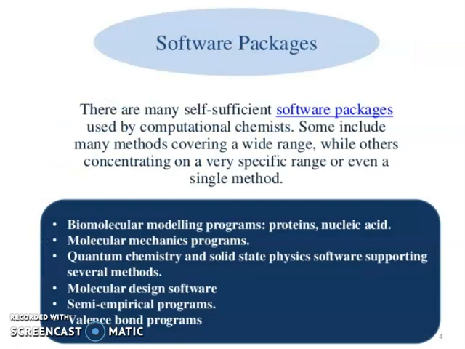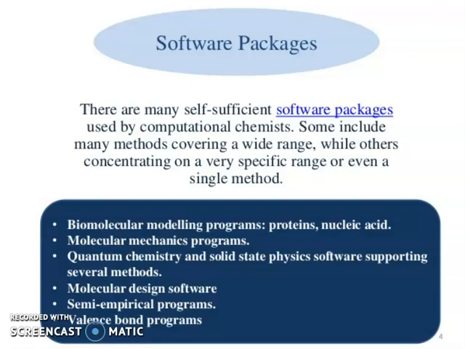So how does it actually work? It depends on the computational software packages. There are many self-sufficient software packages used by computational chemists. Some include many methods covering a wide range, while others concentrate on a very specific range or even a single method.